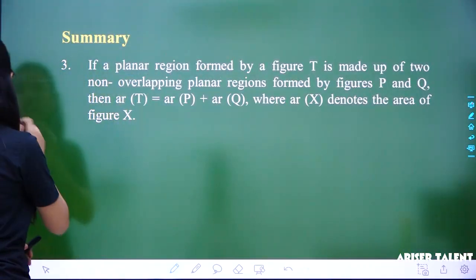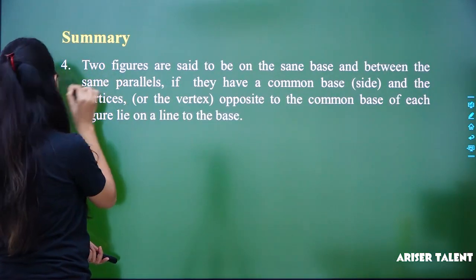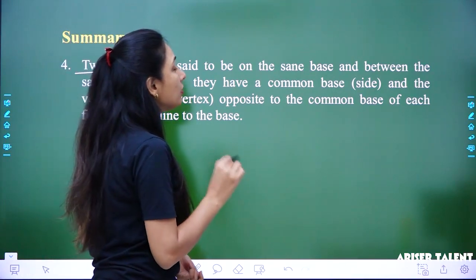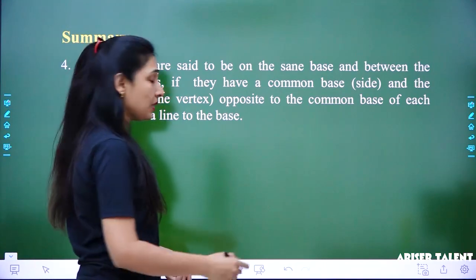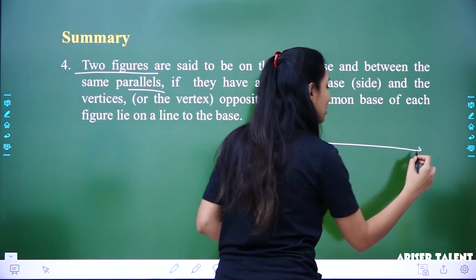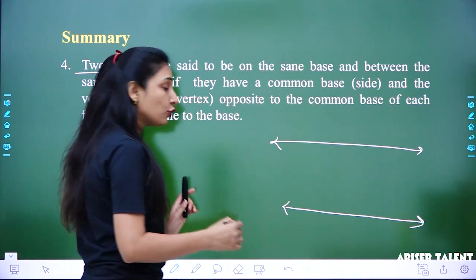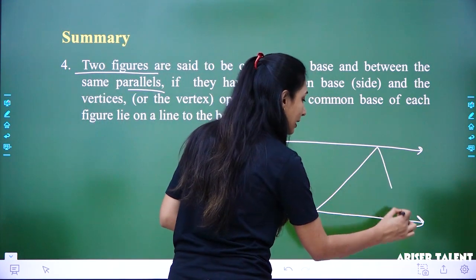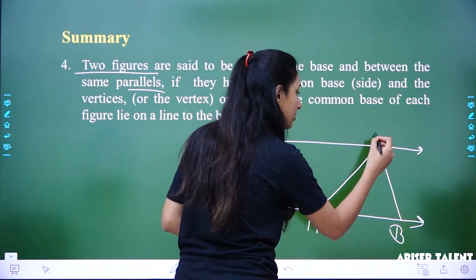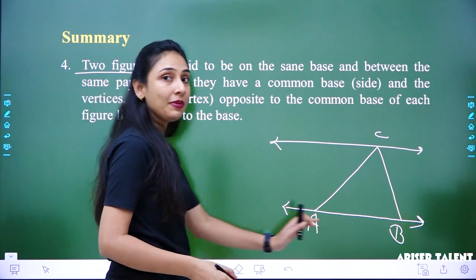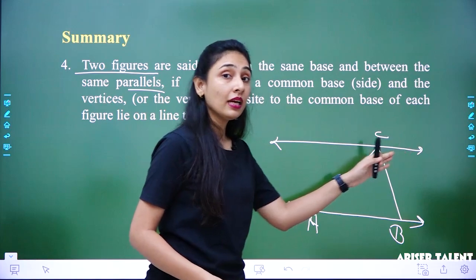Now, next: two figures are said to be on the same base and between the same parallels. In what case? If we have two parallels and the base of two figures, let's suppose I have a triangle here, A, B, and C. Now AB is the base, and the other point is situated on the parallel.